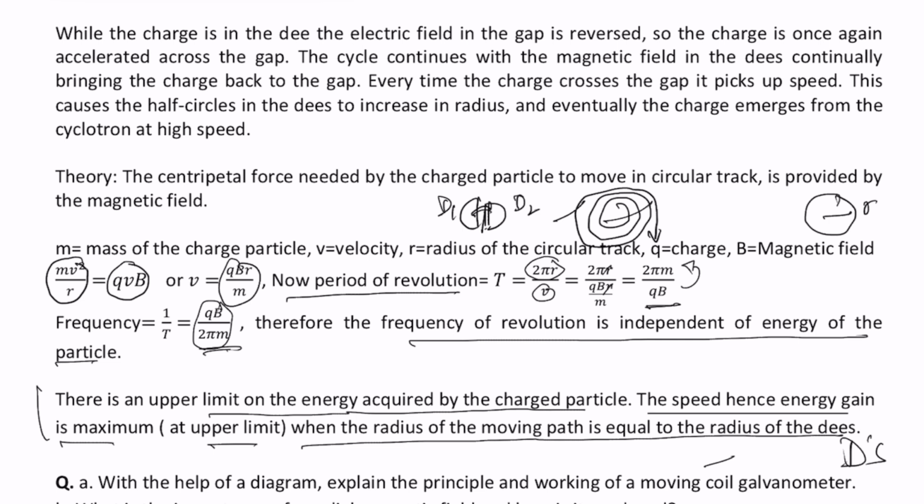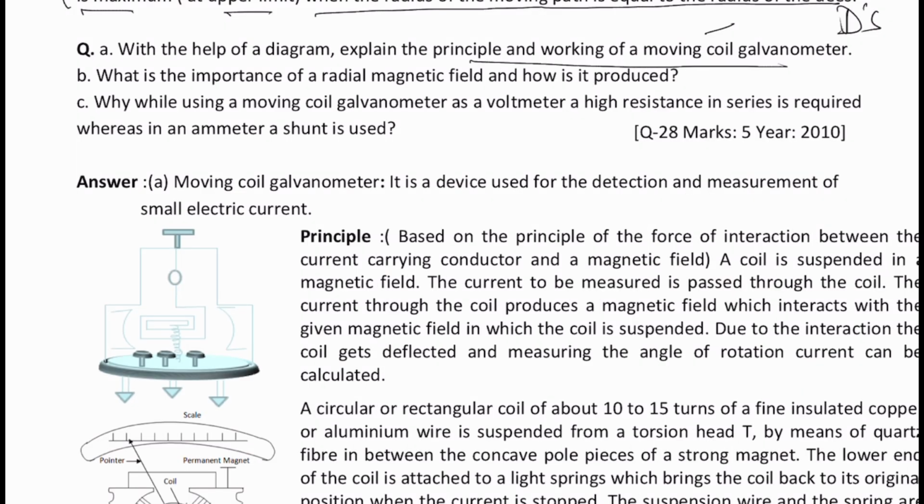Now, the level diagram explains the principle of working of a moving coil galvanometer. We have already explained why, while using a moving coil galvanometer as a voltmeter, a high resistance in series is required, whereas for an ammeter a shunt is used. High resistance in series means it protects from high voltage, correct?